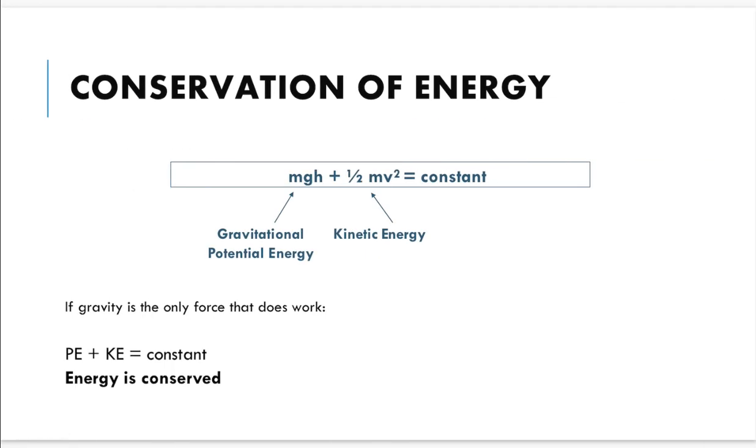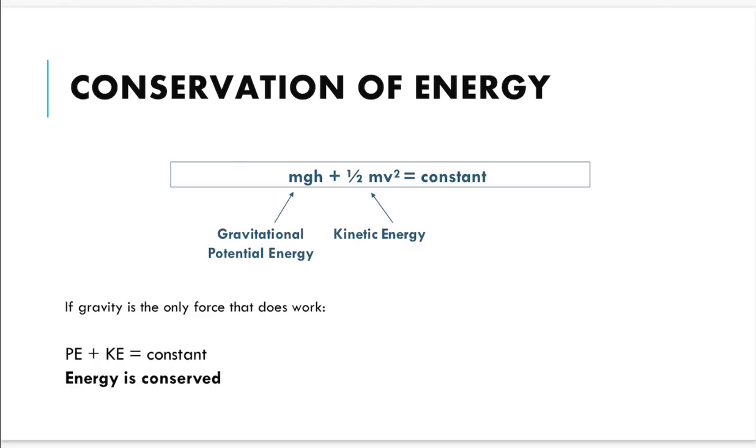So we can think of this in terms of the algebraic and mathematical formula as well. We can think of this as the gravitational potential energy, which we saw in a previous lesson was mass times acceleration due to gravity times height, plus the kinetic energy, which was 1/2 mass times velocity squared.